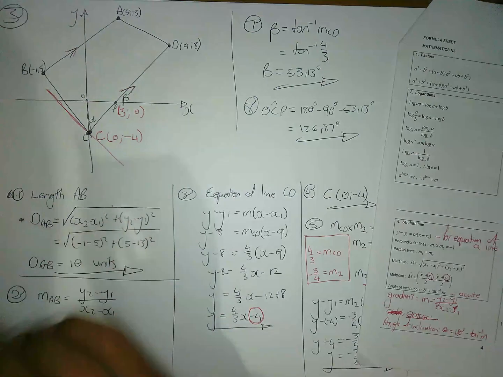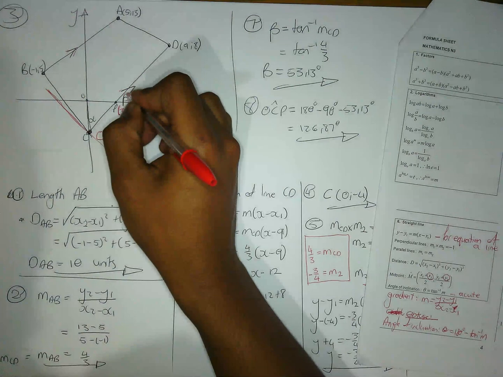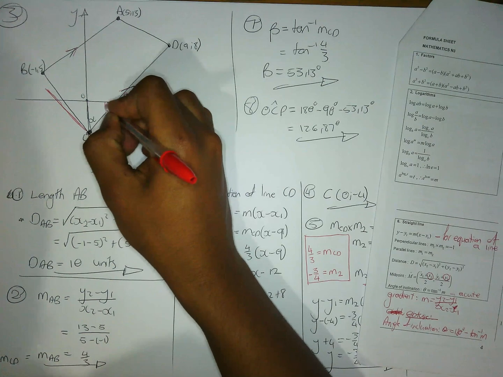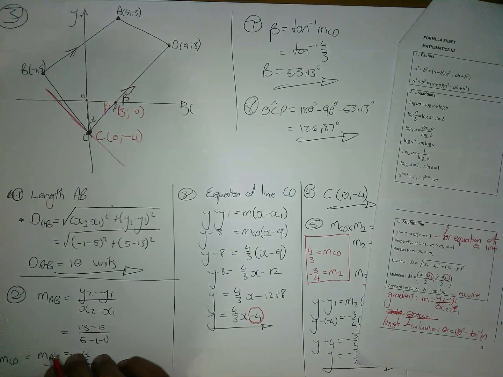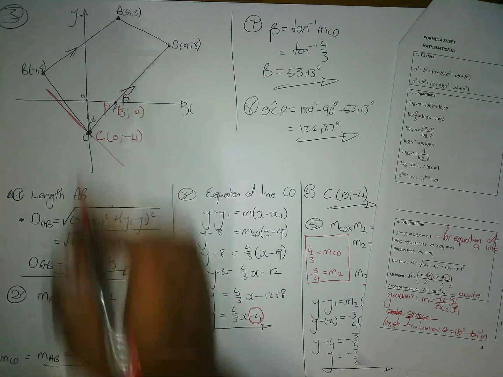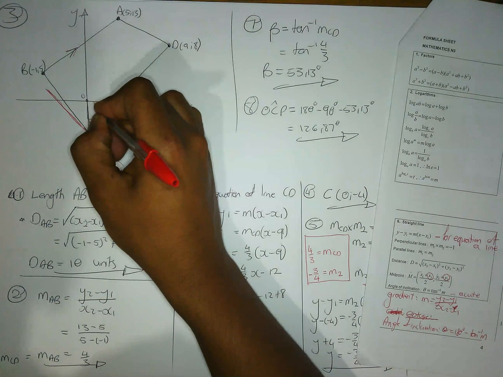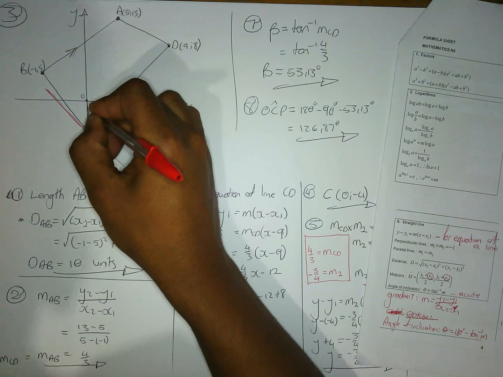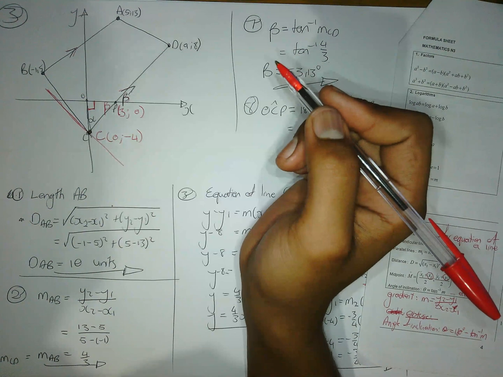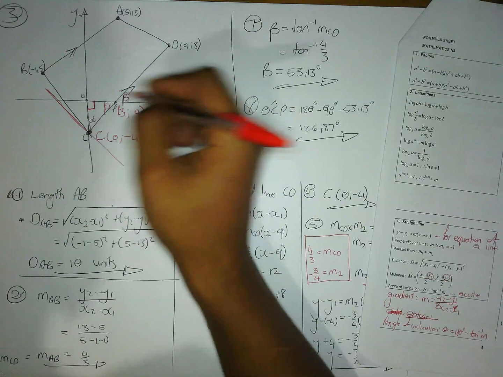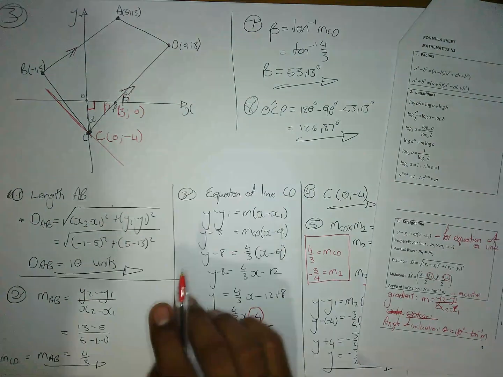So I must know that this angle beta here is equal to this angle there. So that's also beta, 53.13 degrees. This I know is 90 degrees because it's a Cartesian plane. My y-axis and my x-axis make 90 degrees over there.